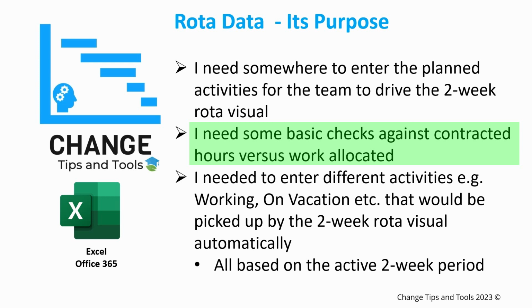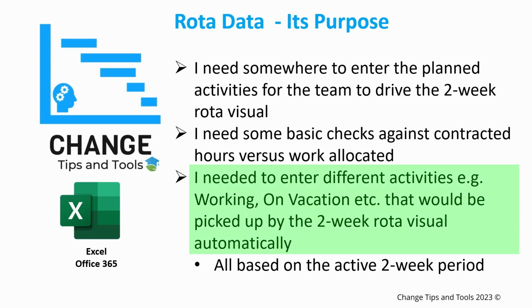I needed to enter different activities, so not just when they were working, but when they were on vacation, for example, that would be picked up by that 2-week rota visual automatically. All this needs to be based on the active 2-week period. So as I scroll through that visual, it picks up the relevant data automatically, so it's time sensitive.